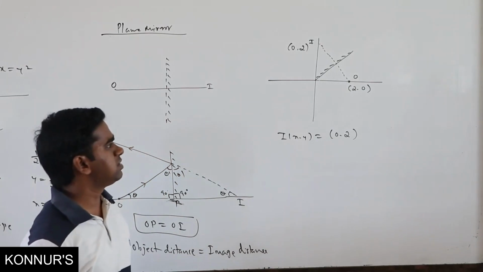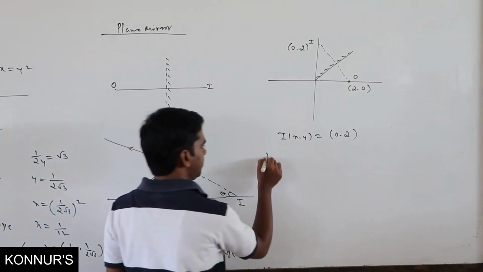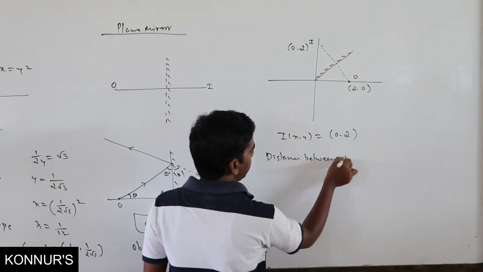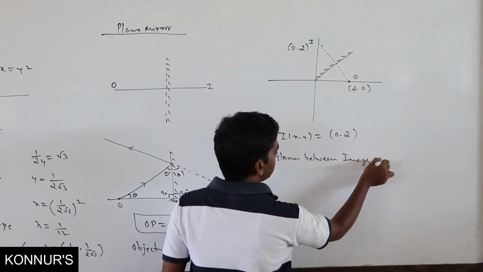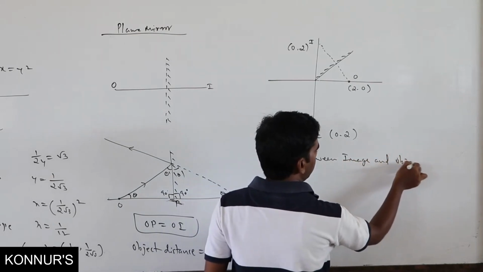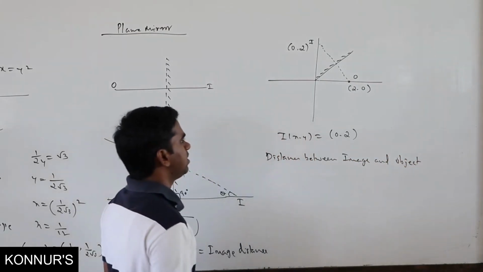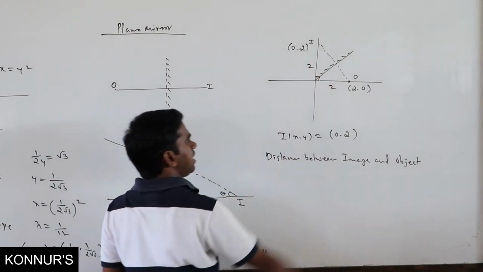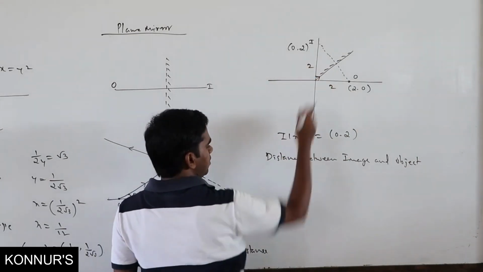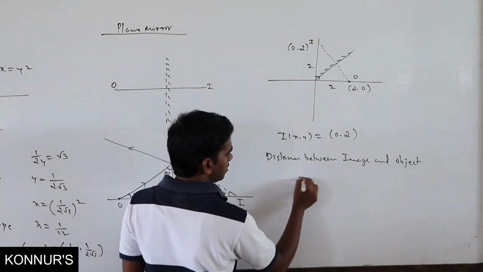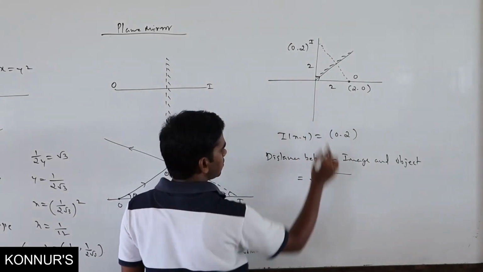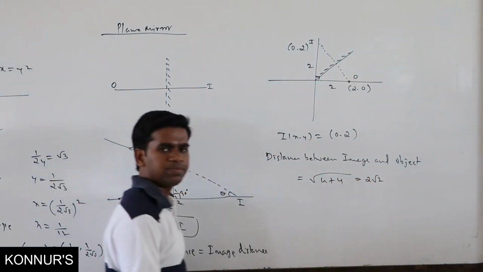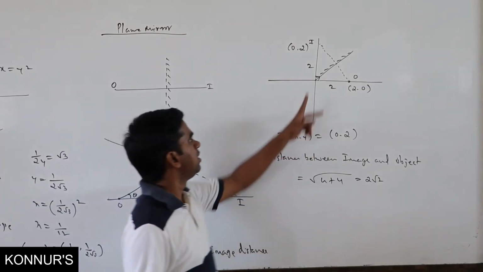If they ask the distance between image and object, how can we calculate it? Simple. If this is 2 and this is 2, obviously a right angle is there. So you can get this distance equal to root of 2 the square, so you will get 2 root 2. So this is the distance between image and object.